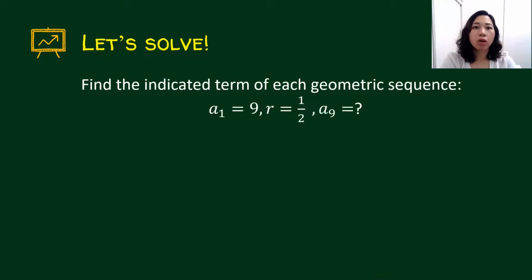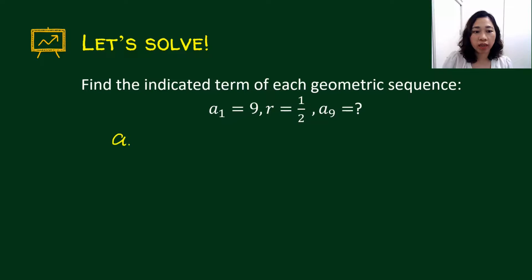Alright? Okay, next. In this example, we want to find the indicated term of this geometric sequence. But this is actually easier because we are already given a sub 1 and our r, so there is no need to compute, just like in our previous examples, right? So it's just a matter of direct substitution.